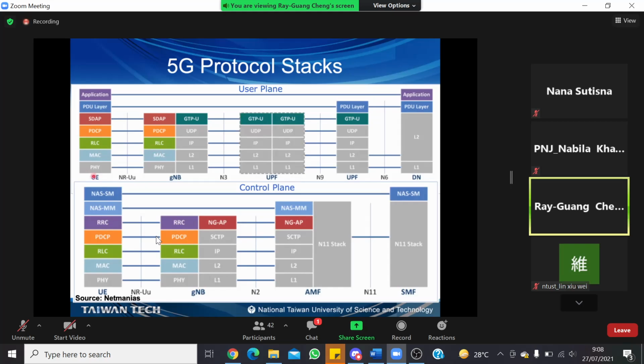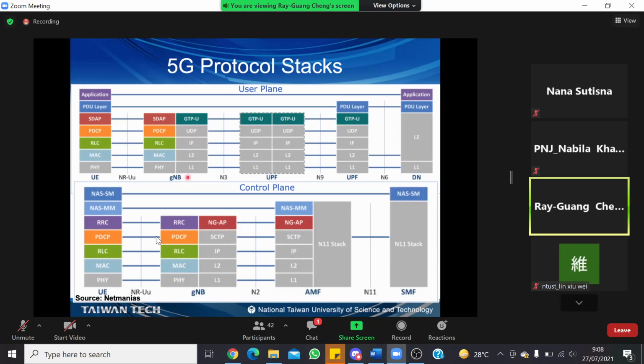So today we will focus more on the gNB side. For user plane, they have SDAP, PDCP, RLC, and the MAC. For control plane, they have RRC, PDCP, RLC, and the MAC.